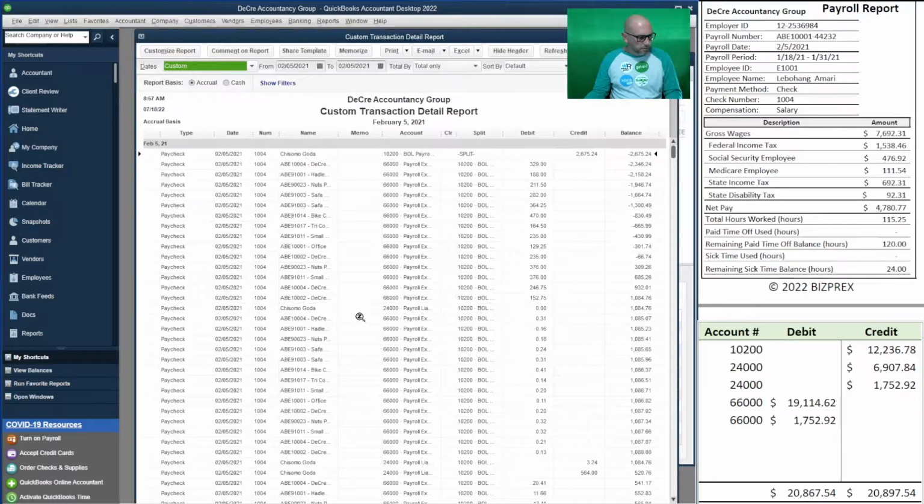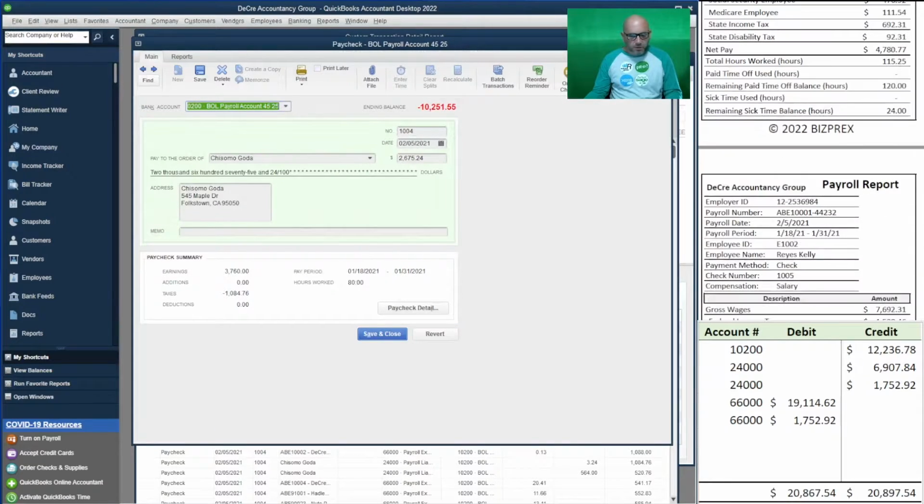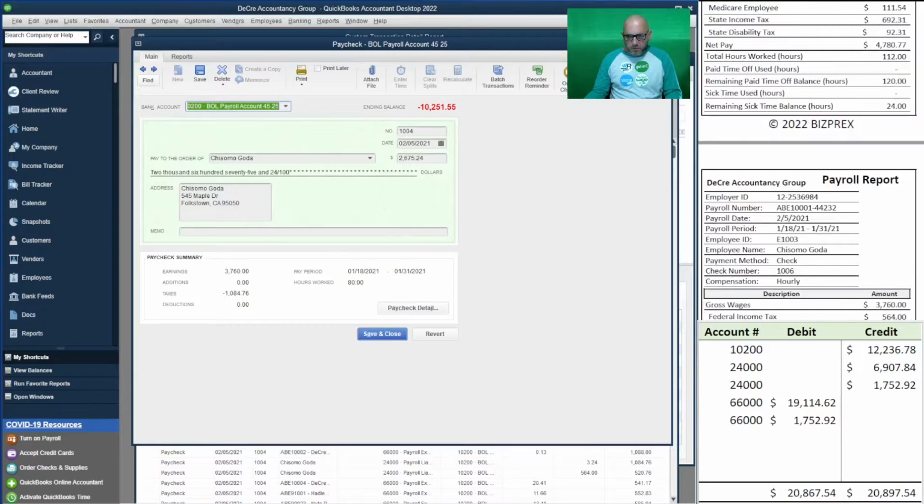All right, so here it is. And these are our check numbers. Chizoma's check was 6.